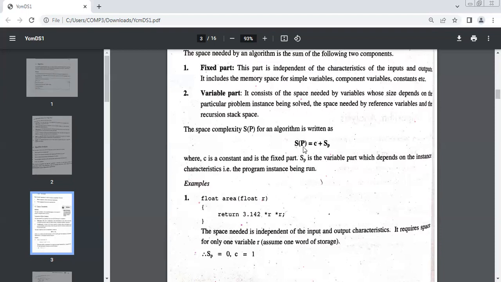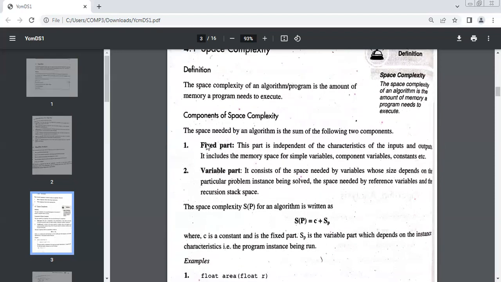S indicates the space complexity, and S is equal to C plus S_P. C is a constant and is the fixed part, and S_P means the variable part. These are the two parts of space complexity we have seen, the fixed part and the variable part. By adding these two parts, we get the space complexity.